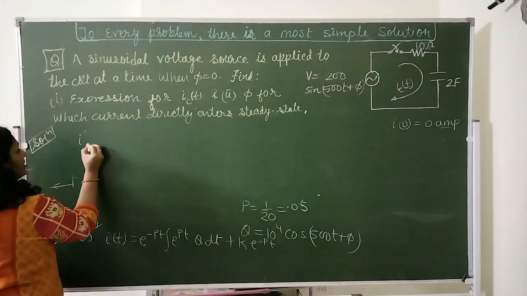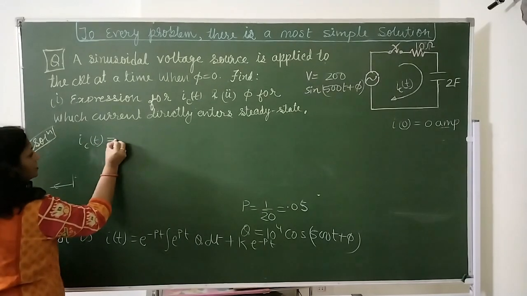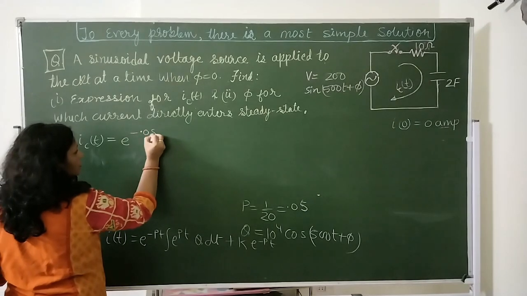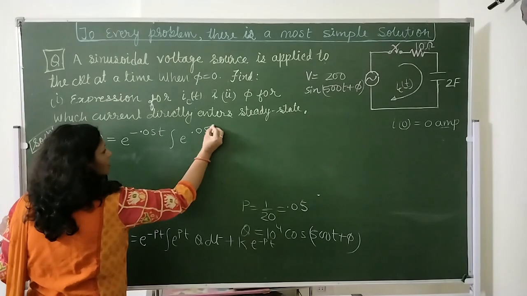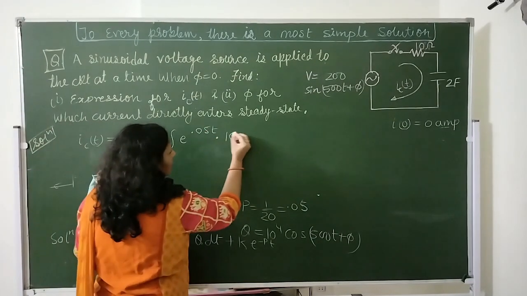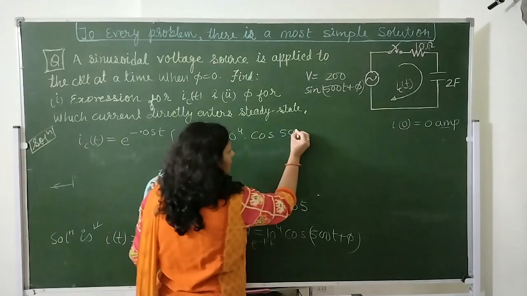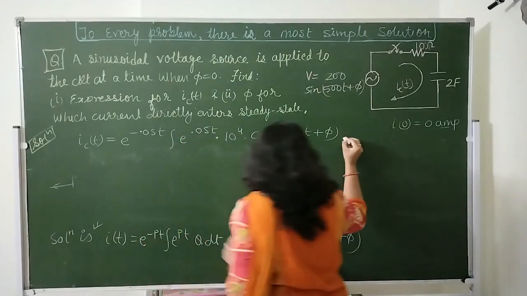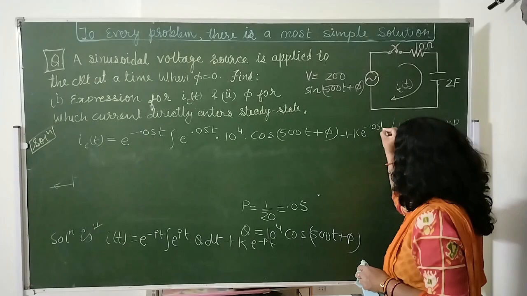So our i_C(t) or i(t), there is a single current in a series circuit, is equal to e to the power minus 0.05t, integration of e to the power plus 0.05t into 10 to the power 4 cos(500t plus 5), plus k e to the power minus 0.05t.